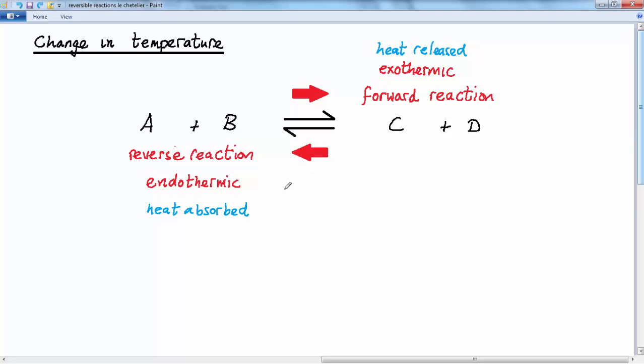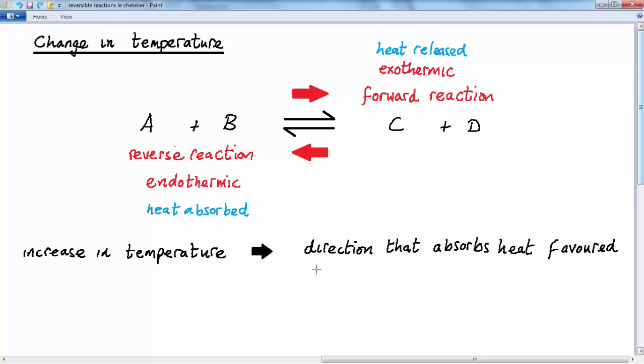Now then, what happens if I increase the temperature? For example, if I heat the vessel in which the reaction is taking place. Le Chatelier's principle states that the reaction will favour the direction which opposes the change made. So if I'm increasing the temperature, then it will favour the direction which results in a reduction of temperature.